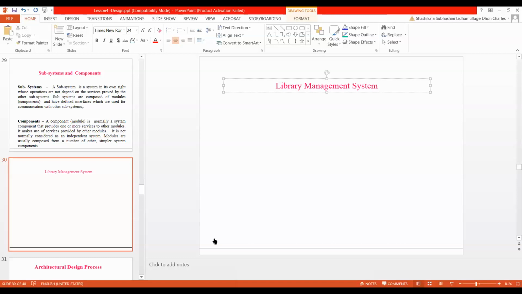Yes, Afan is correct. Here the components: books, members, staff, those are the components, meaning modules.